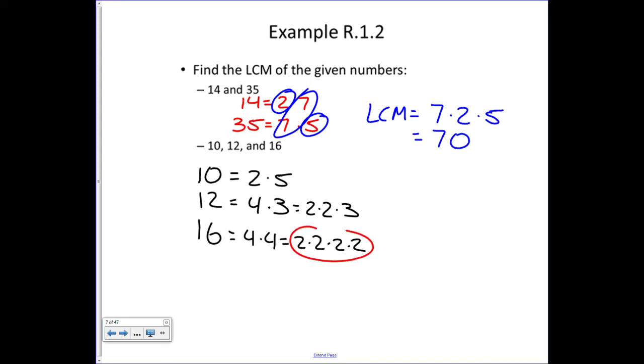Well, 2 appears 4 times in that one factorization, so we have to write four 2's. And then we have a 3 and a 5. And so the least common multiple of all these numbers is 240. That's the smallest number that 10, 12, and 16 will all divide into evenly.